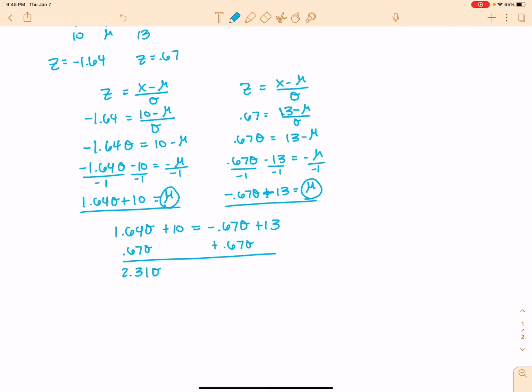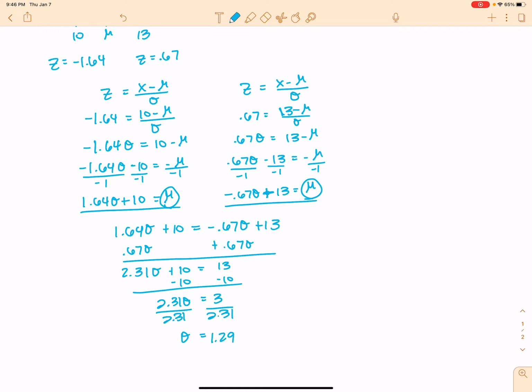And I get 2.31 standard deviations plus 10 equals 13. Then I'm going to subtract 10 from both sides, and that equals 3. Divide by 2.31, and you get 1.29.